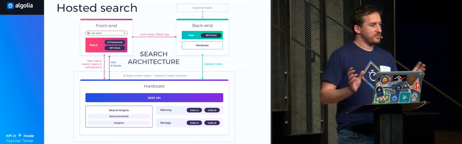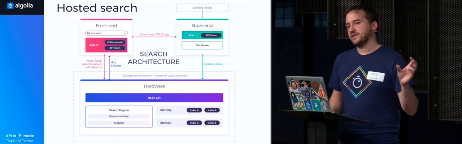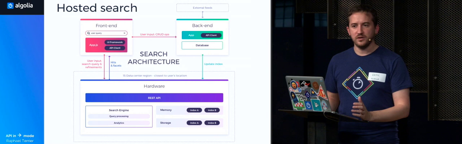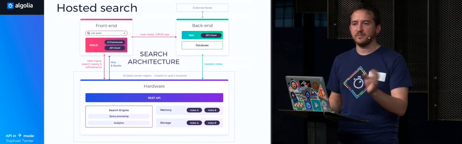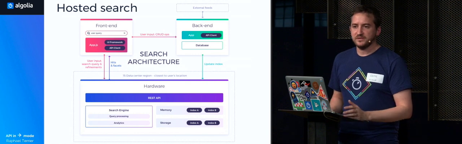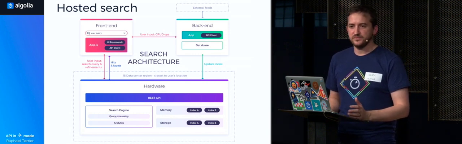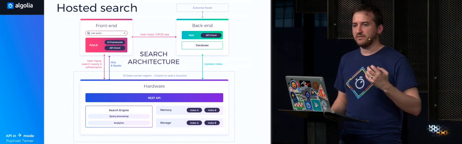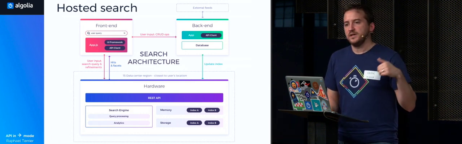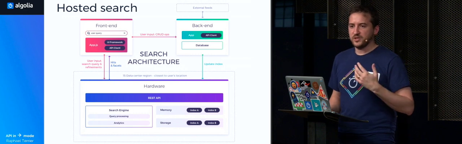Then the other components are more on the developer side. You have the front end and the back end, and that's where we also are involved with the API clients. On the front end, you have an API client that will most likely be JavaScript that will take care of pushing the queries to our hardware and getting back the information and displaying it.